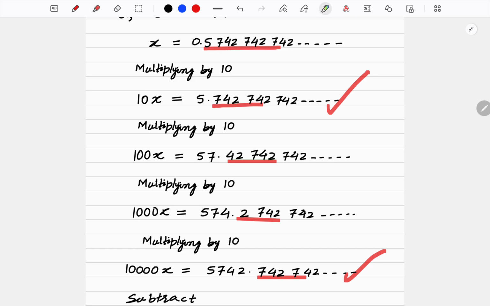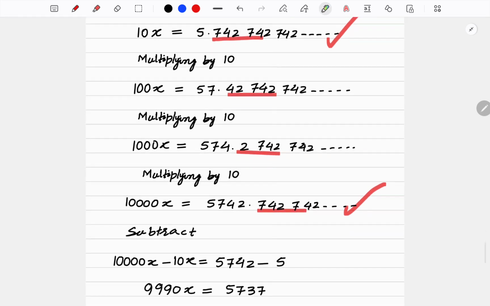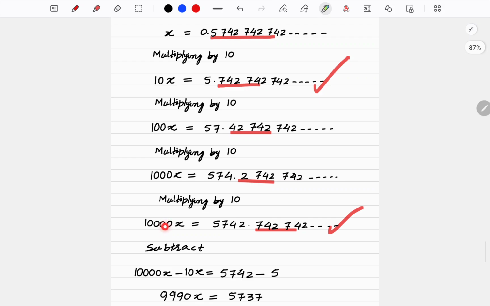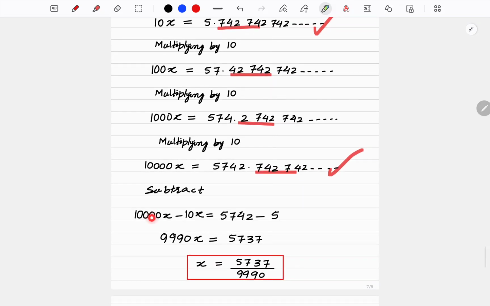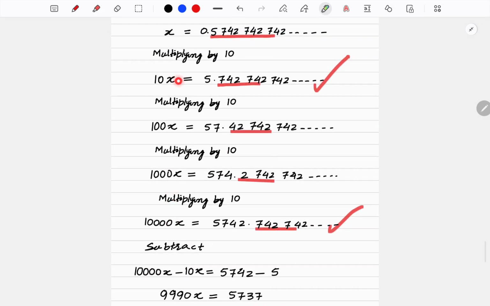This has become quite a lengthy question for you. So we will subtract 10,000x and 10x. Why? Because they have the same decimal series: 0.742 742 742. Now subtract 10,000x minus 10x, and 5742 minus 5.